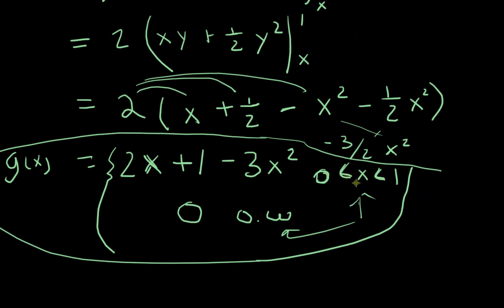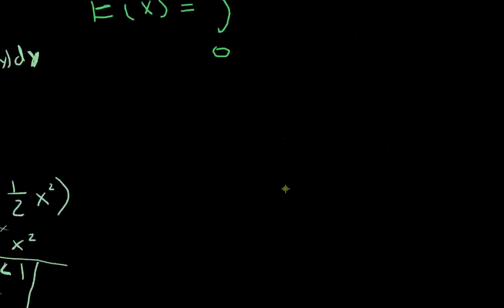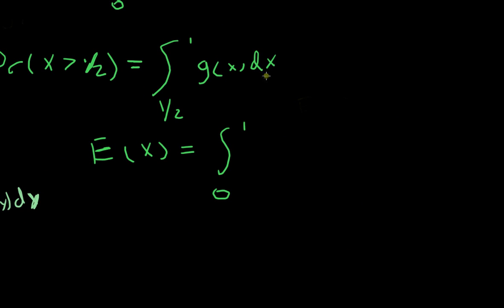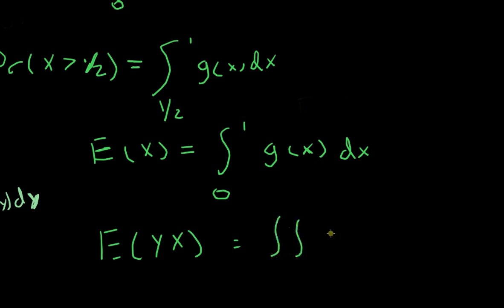Okay, so that's why the support is so important. Okay, if it involves only x, then you integrate only the marginal distribution. If it involves x and y, so an expected value of x and y, then you need to integrate over x and y. Okay, dx dy.